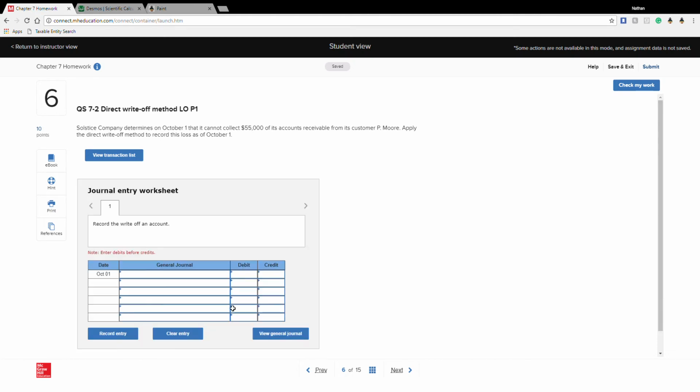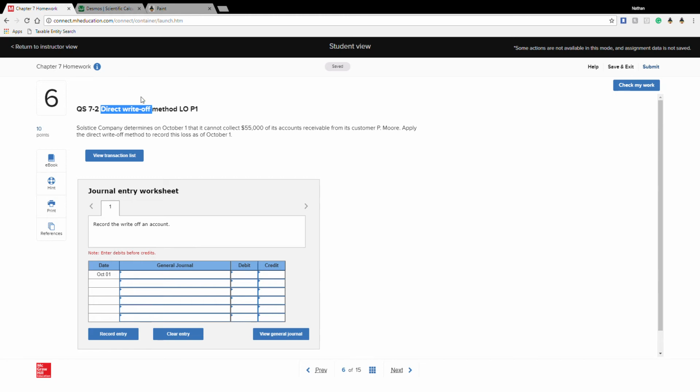Question 6. Okay. So starting off with question 6, this one immediately tells you to go ahead and deal with the direct write-off method. So if we look back at your notes, we'll find out the direct write-off method, again, only affects really bad debt expense. And it happens when we know the account is uncollectible.